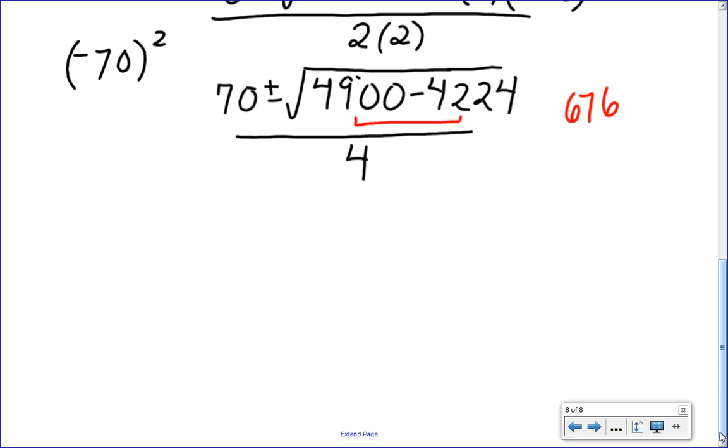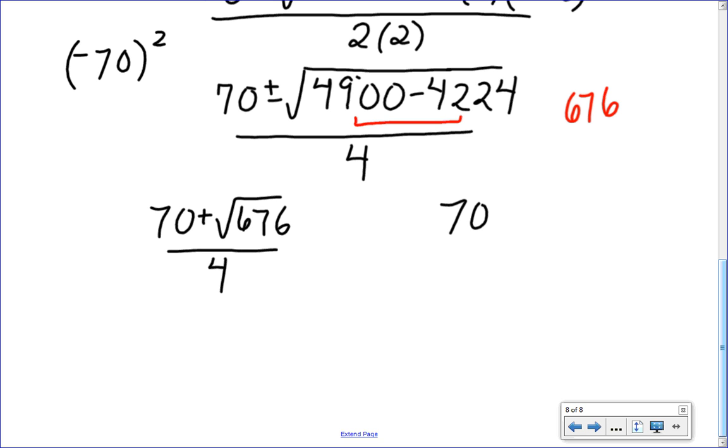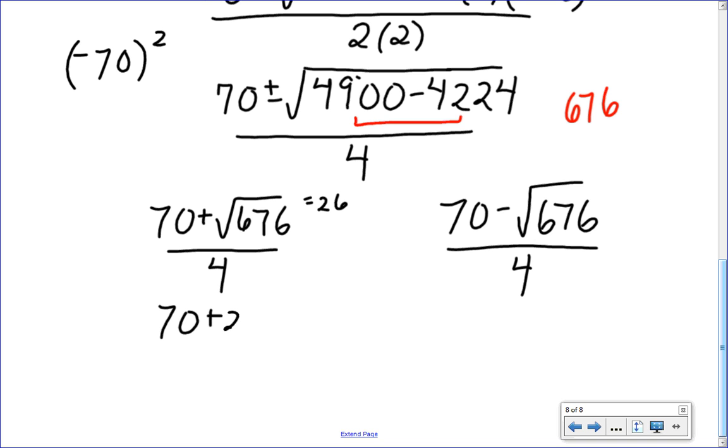So now we have two solutions. We have 70 plus the square root of 676 divided by 4, and 70 minus the square root of 676 divided by 4. The square root of 676 is 26. So we get 70 plus 26 divided by 4.